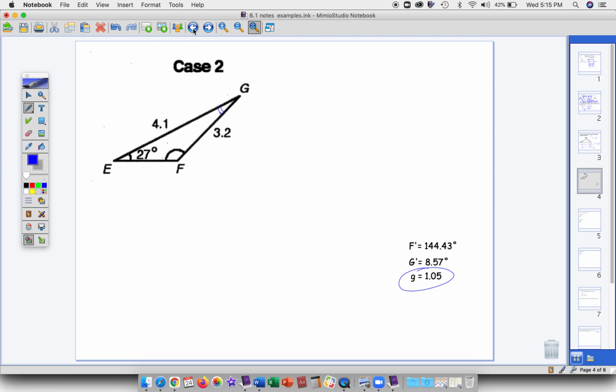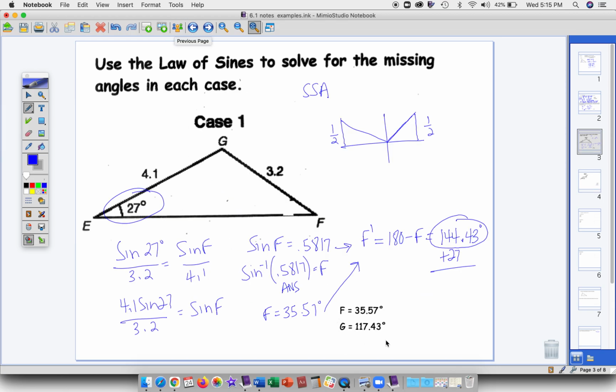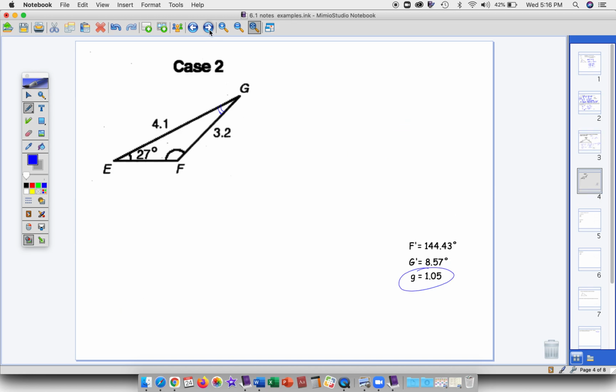We didn't calculate side G in this other triangle, but you could. You just set up a proportion and solve for it. So again, given SSA, two sides and a non-included angle, there could be two possible triangles. Not always, but it's a possibility.